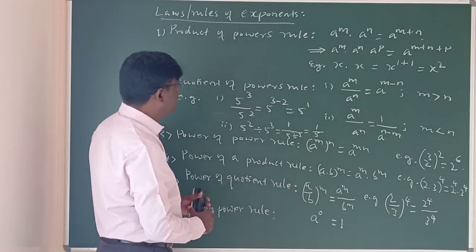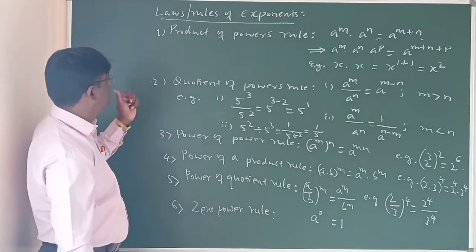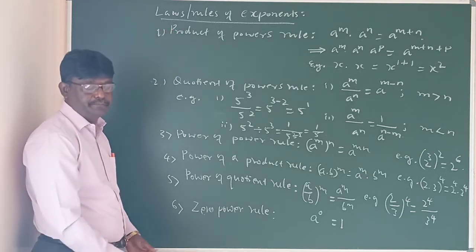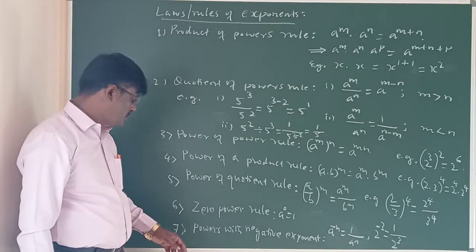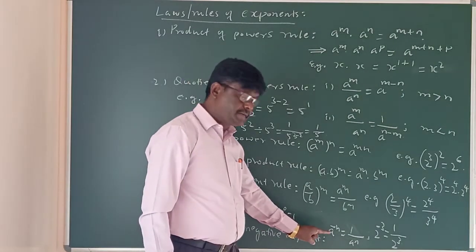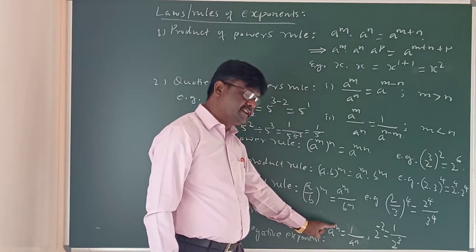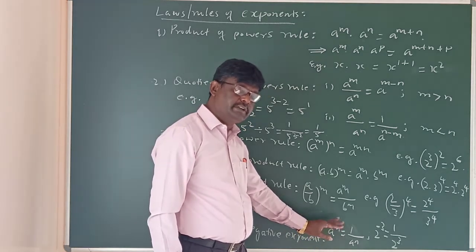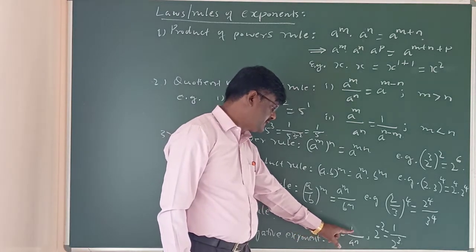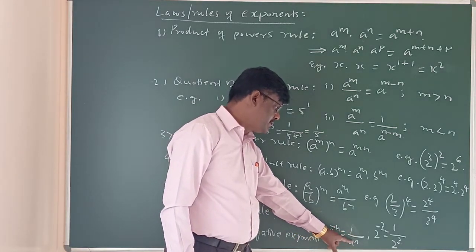Okay, these are some conditions or rules, or even we say laws, with respect to exponents. And one more, powers with negative exponent, children. If it is a to the power minus n, we can say simply a power minus n can be written as 1 upon a power n.